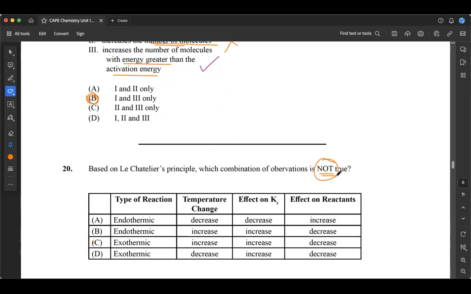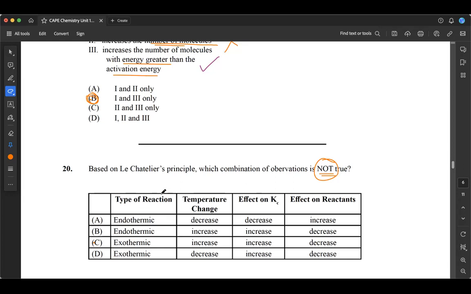So remember what Le Chatelier's principle says: when you impose a change on a system that's at equilibrium, the system will move in such a way that it counteracts that change, okay? So if I'm already at equilibrium and you're imposing a change on me, I'm going to move in such a way to maintain that equilibrium, right? So I'm going to oppose that change, right?